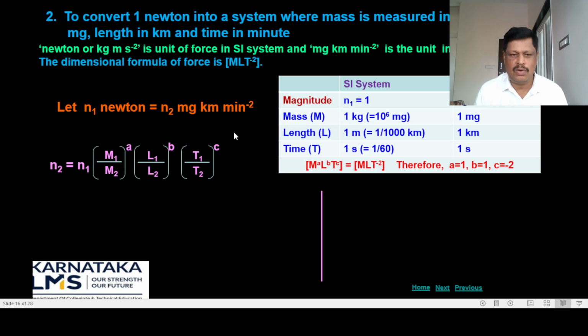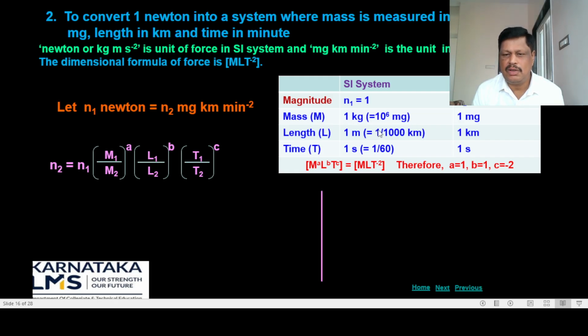You already know how to convert one system of units to another system of units. That is N2 is equal to N1, M1 by M2 whole to the power of A, L1 by L2 whole to the power of B, T1 by T2 whole to the power of C. As in the last slide, in the SI system, the unit of mass is kg. If we convert it into milligram, 1 kg is equal to 10 power 6 milligram.